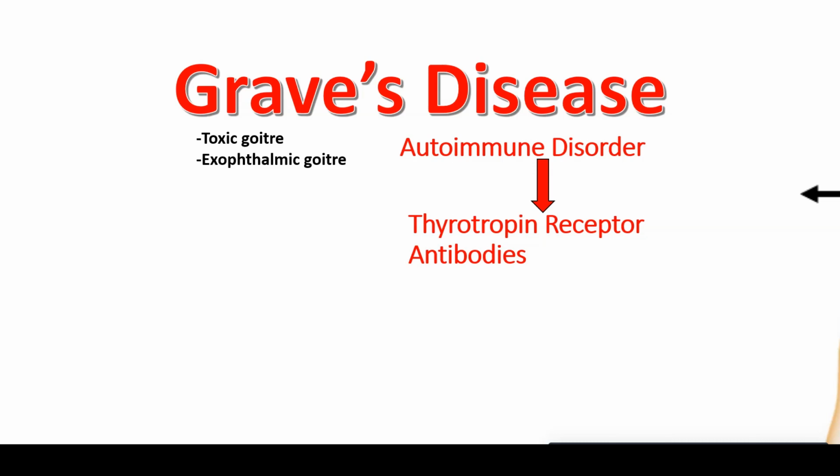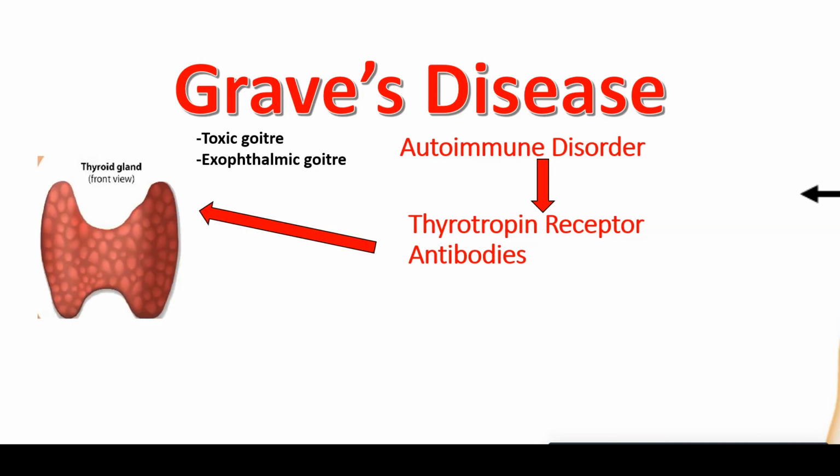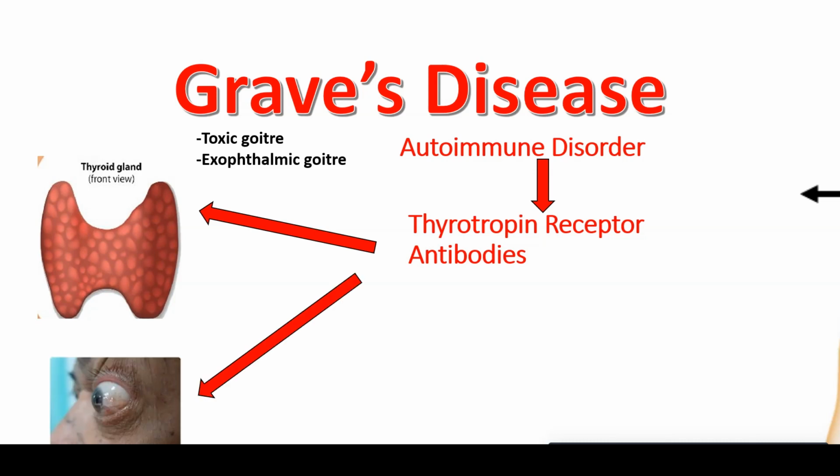That will lead to a lot of thyroid hormone in your blood, and that will lead to hyperthyroidism. So if these antibodies attack your thyroid gland, you will get hyperthyroidism. If they attack the back of the eyes, it will lead to exophthalmos.